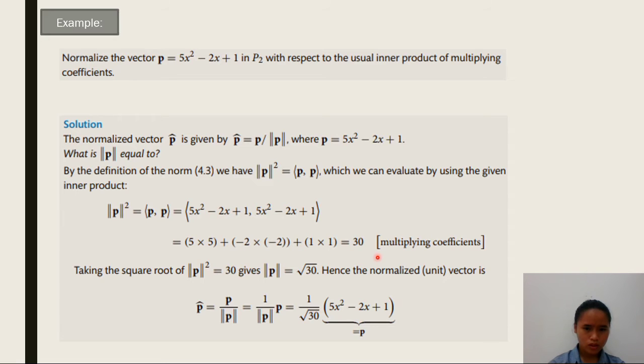Multiplying the coefficients in here, we get, hence, from the normalization, this unit vector. This is the result.